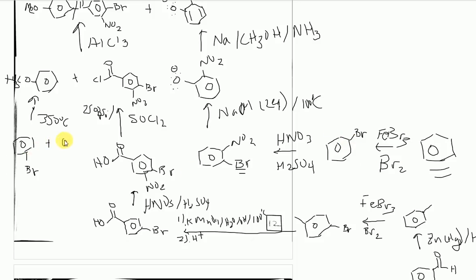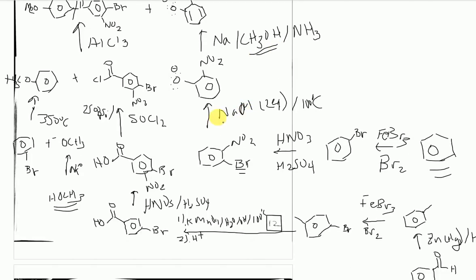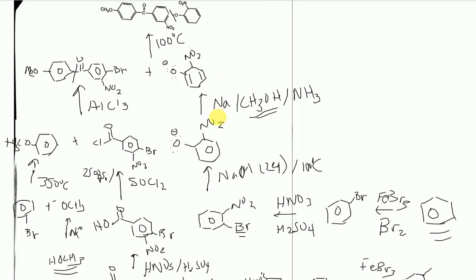Plus OCH3 minus, which I can just do Na solid, and this gets me my methanol. Alright? And so methanol is already made over here. So everything checks out. Okay?